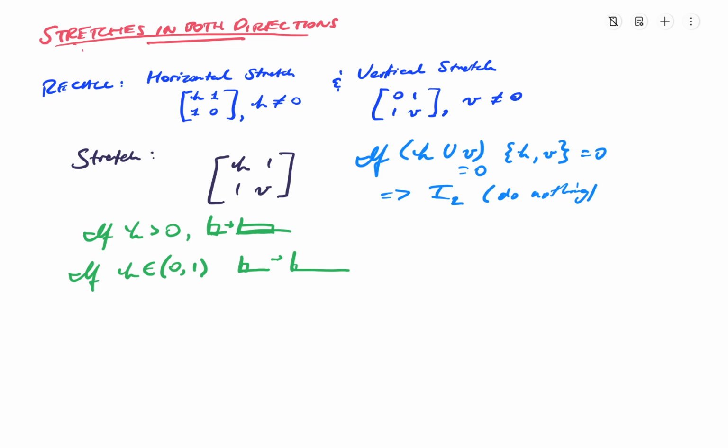So obviously this is just another way to say h is greater than 0 and less than 1, but I just wrote the h in a different spot. So this means the same thing.